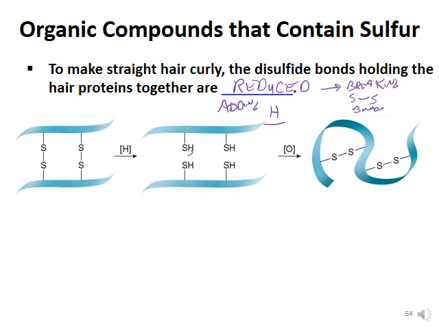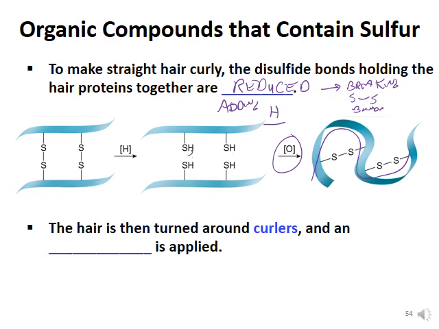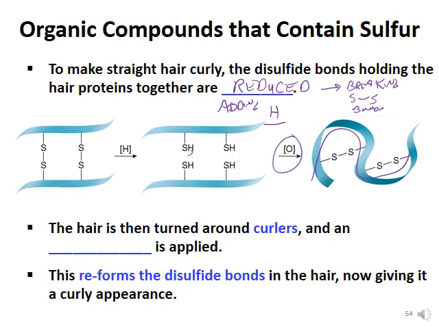Instead, they can interlink with oxidizers later, each individual strand, to make them not long and straight, but kinked and curly. So hair is then formed around the curlers, and then oxidizing is applied, and that reforms the disulfide bonds. And it makes it curly. So that's a practical application of doing reactions that affect thiols.